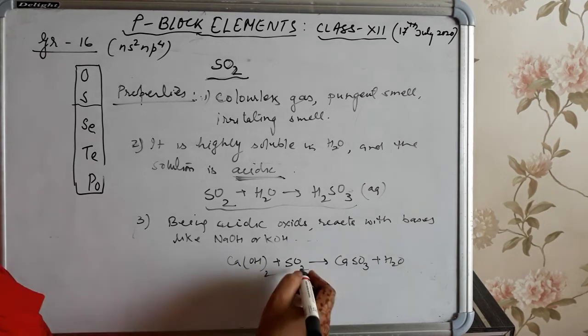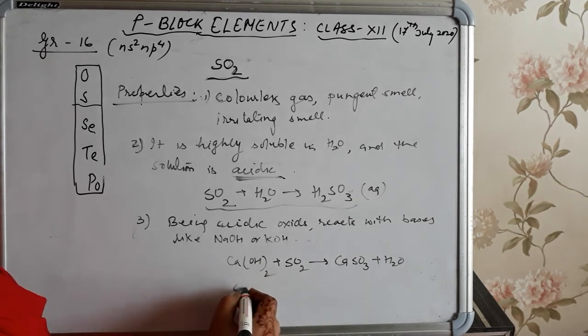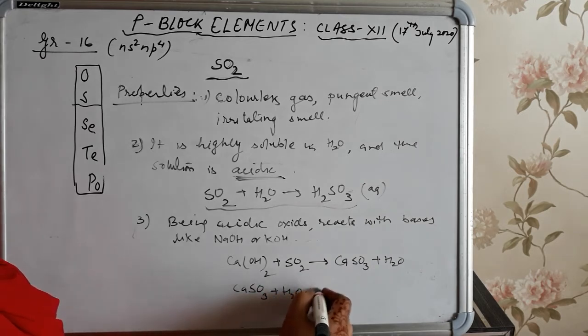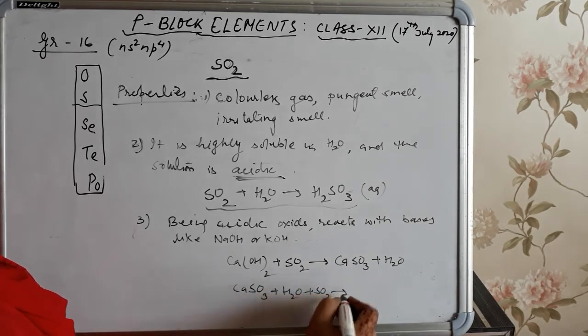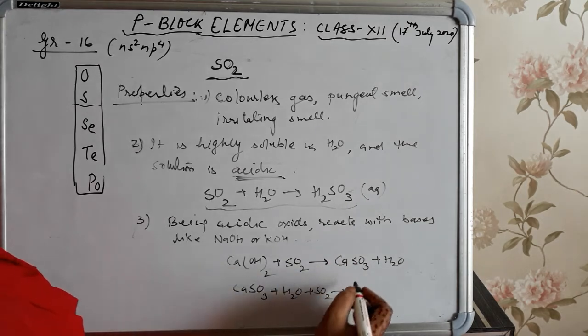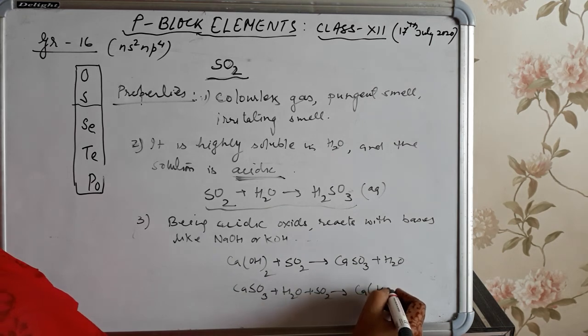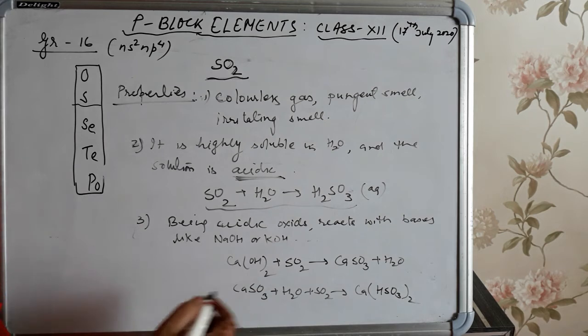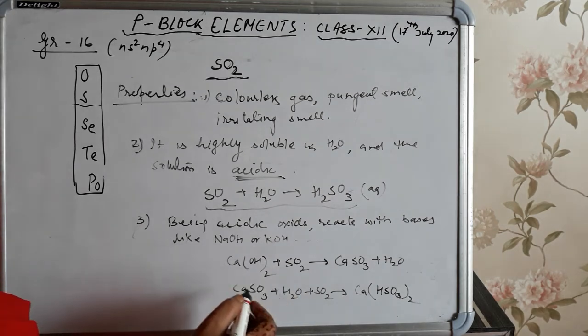If excess sulfur dioxide is passed through this calcium sulfite plus water, the milkiness disappears due to the formation of calcium bisulfite, Ca(HSO3)2. So this is an important property of sulfur dioxide.